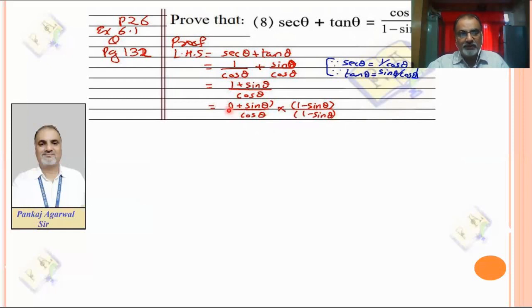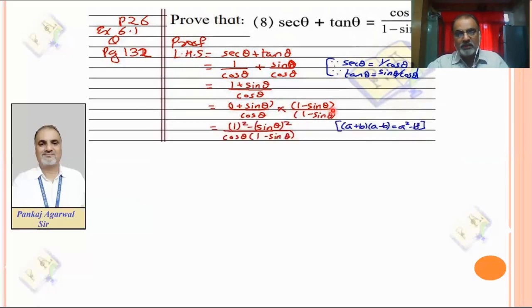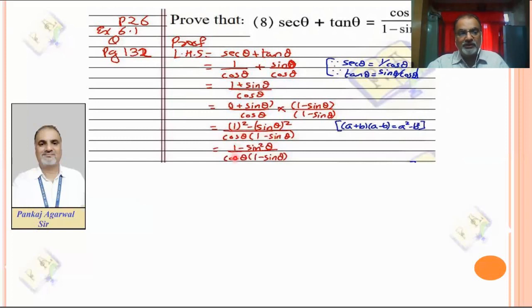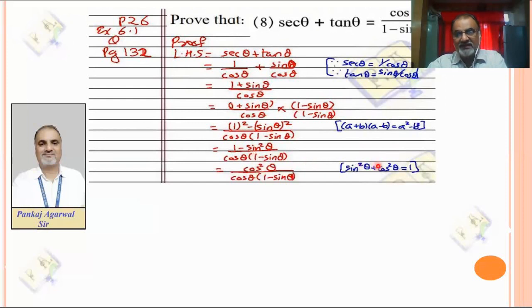But look at the numerator. (A plus B) into (A minus B) is A square minus B square. That is 1 the whole square minus sine theta the whole square. I'll not touch the denominator. Open the bracket. 1 the whole square minus sine square theta. Now what is 1 minus sine square theta? Of course, it is an identity. Sine square theta plus cos square theta equals 1.